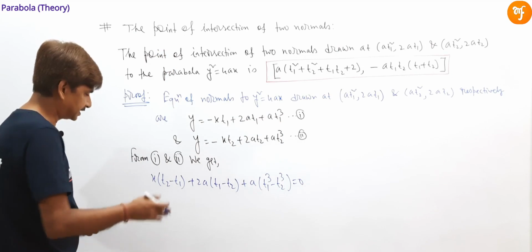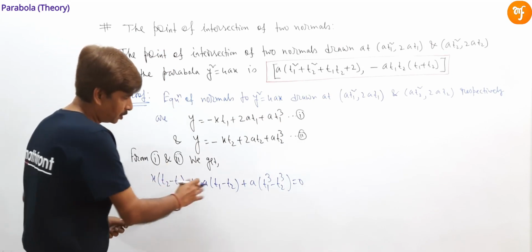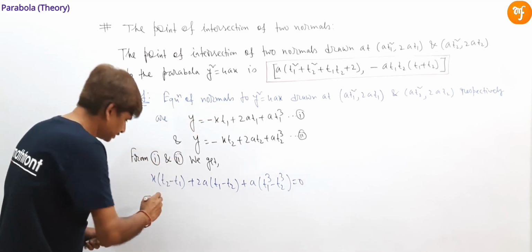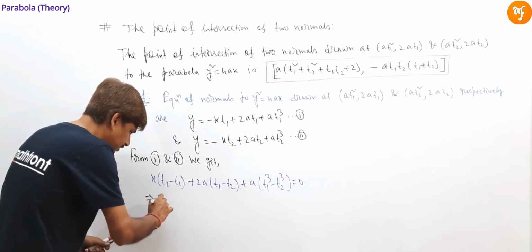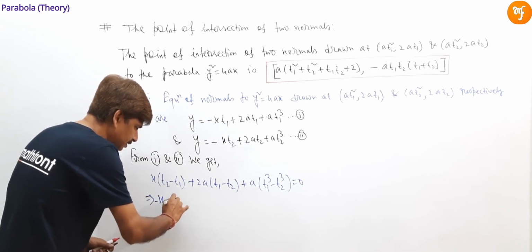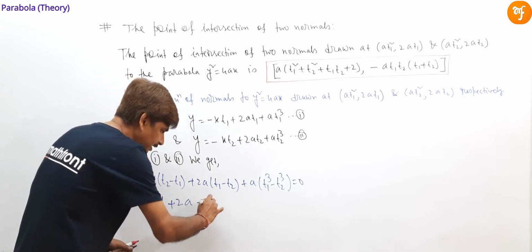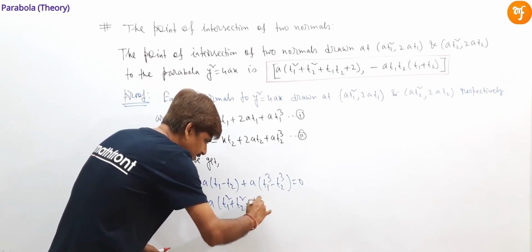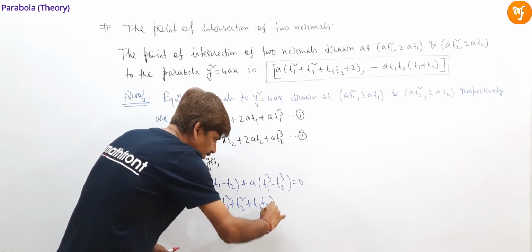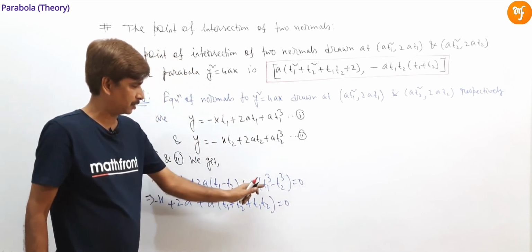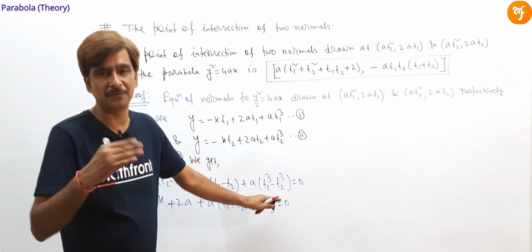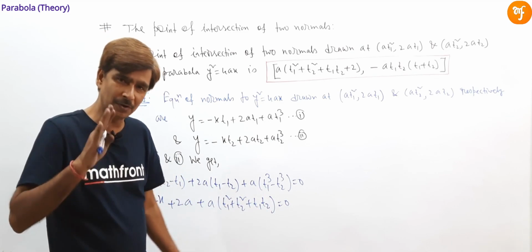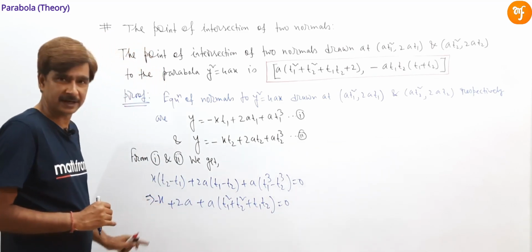So cancelling t1 - t2 from all of these three parts, we get the x coordinate of the point of intersection. So -x + 2a + a(t1² + t2² + t1t2) is equal to 0, because t1³ - t2³ can be factorized as (t1 - t2)(t1² + t2² + t1t2). Clear?